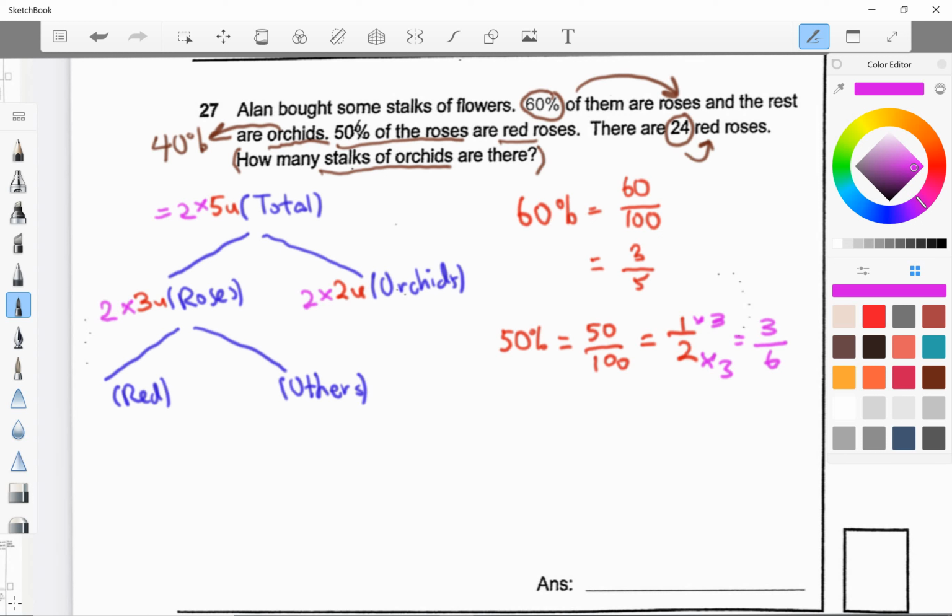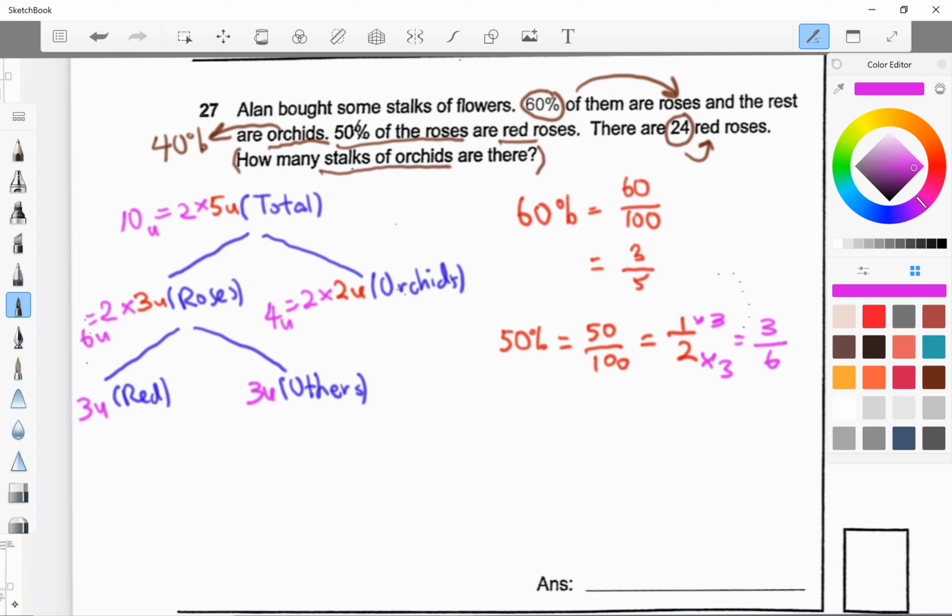So that being said, my total units is now 10 units, and 6 units for the roses and 4 units for the orchids. And for the red roses, it must be 3 units, because of the numerator 3 from the 3 out of 6. And the others itself will be 3 units as well.